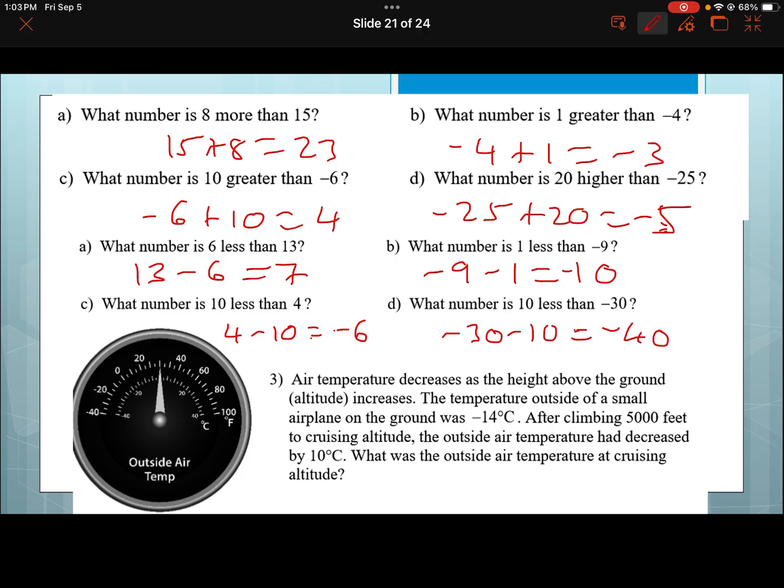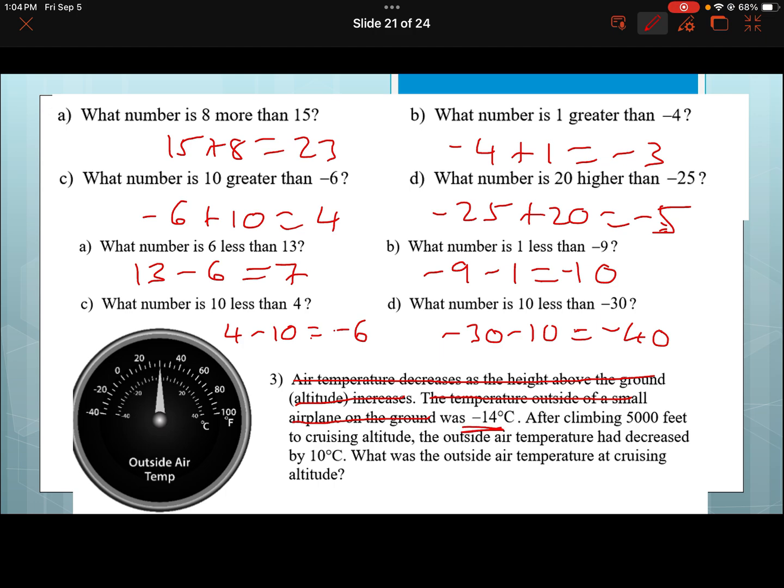Cool. You'll find out in maths a lot, especially in the higher years, there's a lot of words in questions, and not a lot of it is useful. So as you're reading this question, you start to realize there's not a lot of things that are important. Like air temperature decreases as the height above the ground and altitude increases, that's not important. The temperature outside of a small airplane on the ground was, well, that's important, that's a number, -14 degrees.